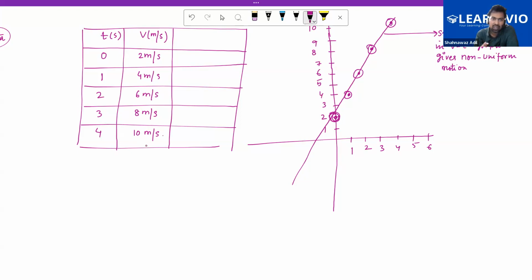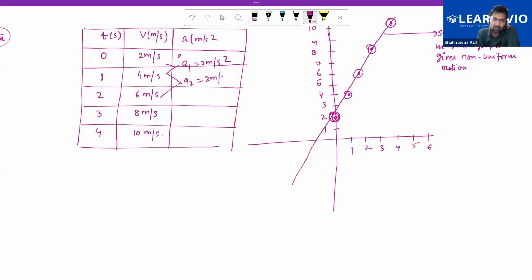But what about the acceleration? Let's say acceleration in meter per second square. In here, the acceleration is 4 minus 2, so this is 2 meter per second square. From here to here, what is the acceleration?